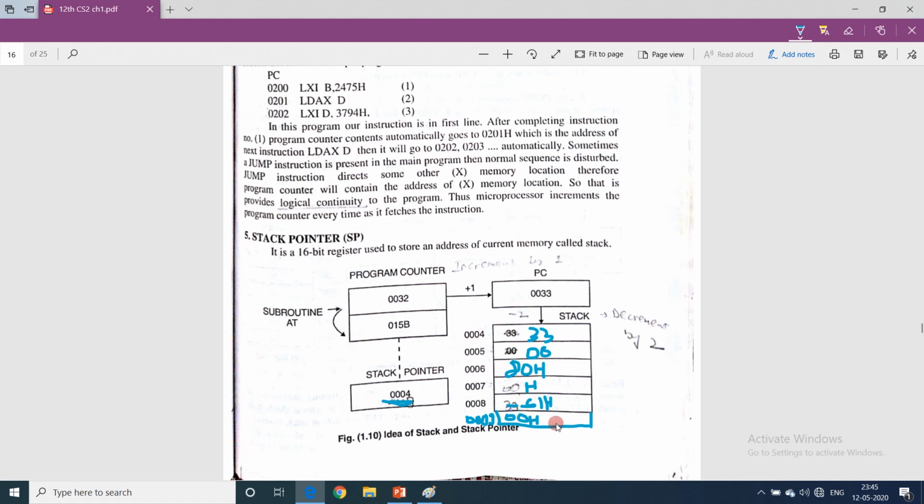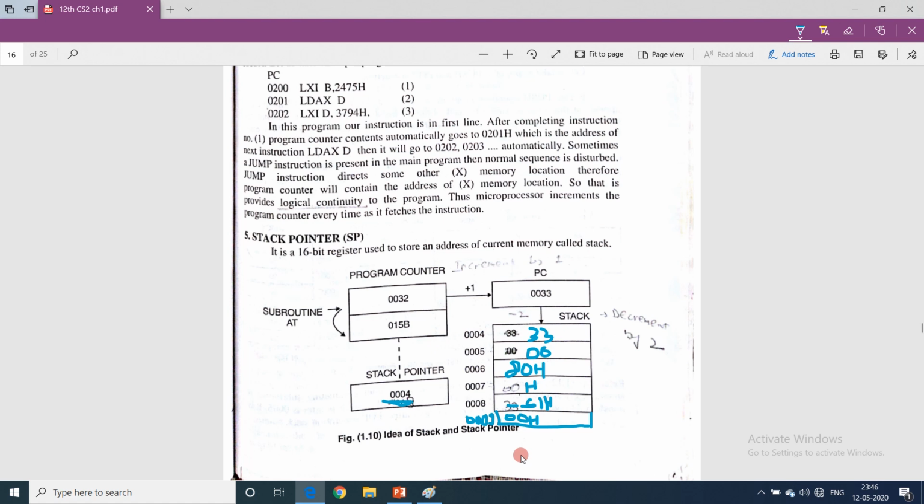Stack is a memory and stack pointer is a 16-bit register. Why 16-bit? Because this is a hexadecimal number, and in hexadecimal each digit represents 4 bits. So 4 plus 4 is 8, 4 more is 12, 12 plus 4 is 16. So the stack pointer is 16-bit.